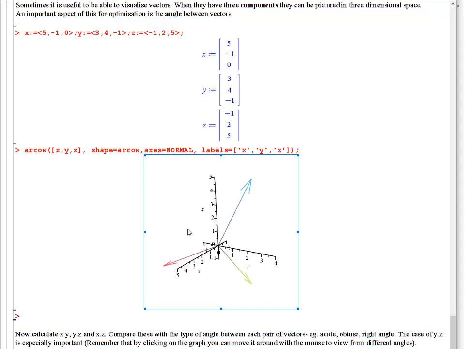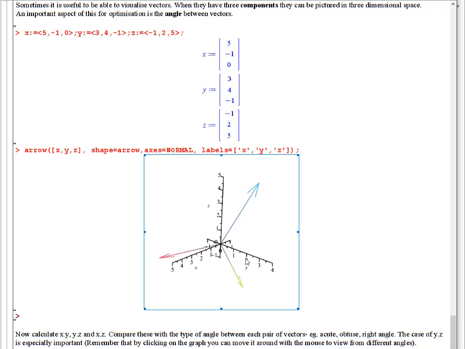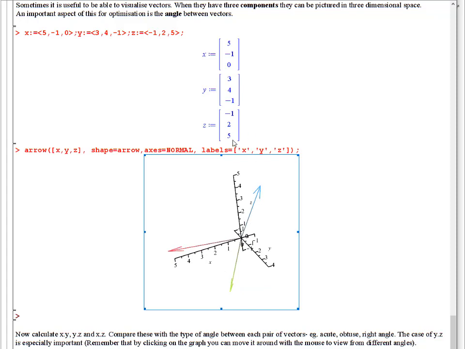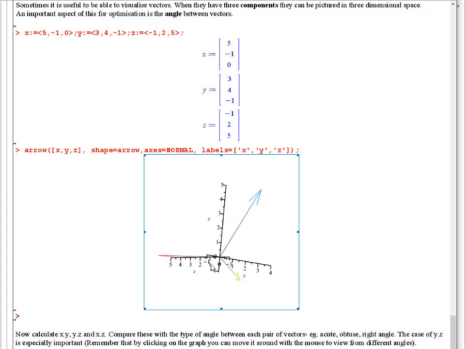This 3, 4, minus 1, that's going to be the green one because its x is 3, y is 4, and it goes down to z equals -1. So the green one is y, and the blue one must be z. You can see that because it goes all the way up to z is 5, x is -1, so it goes slightly backwards this way, and y is just 2 actually.